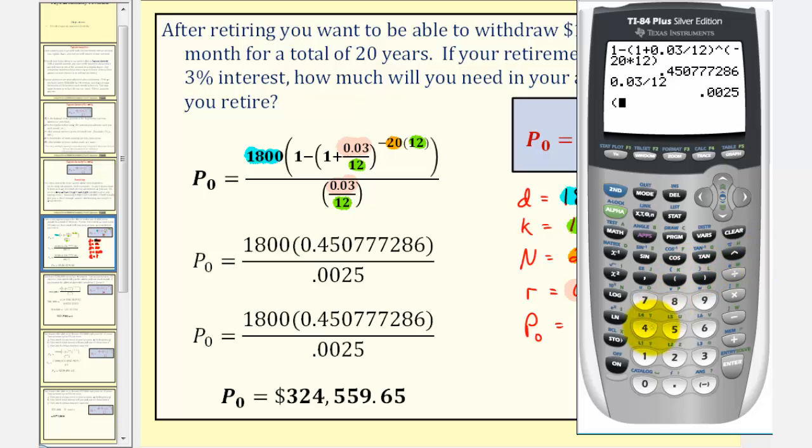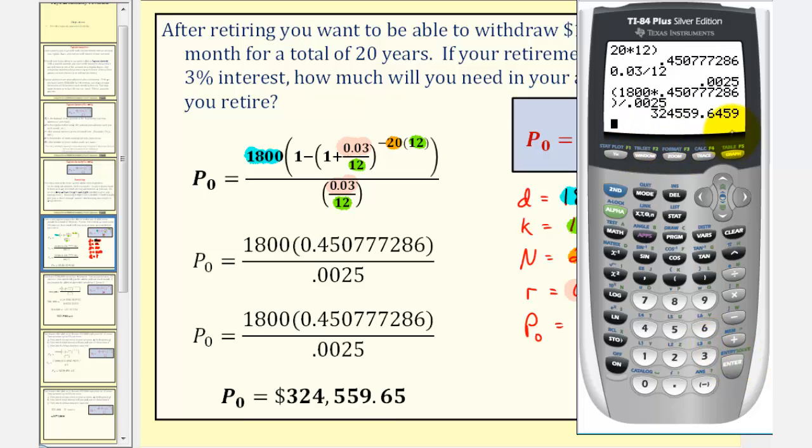So now we'll find the product of the numerator and then divide by the denominator. So in the numerator we have 1,800 times 0.450777286, and we're going to divide this by 0.0025, which will give us P sub 0.